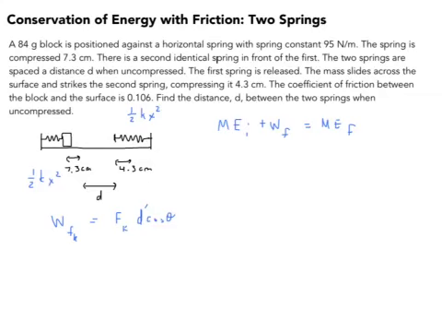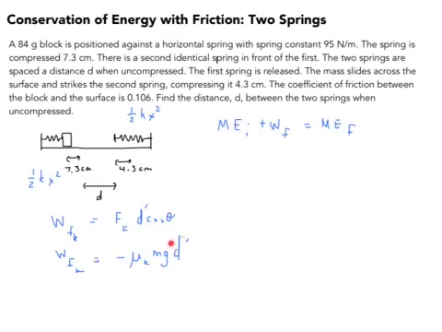So the cosine of 180 is -1, and we could simply write that the work done by the kinetic friction is -Fk times d prime. But of course, kinetic friction is mu times the normal force, which is mg here. So that's our equation. Of course, d prime is the distance over which friction acts on the block.